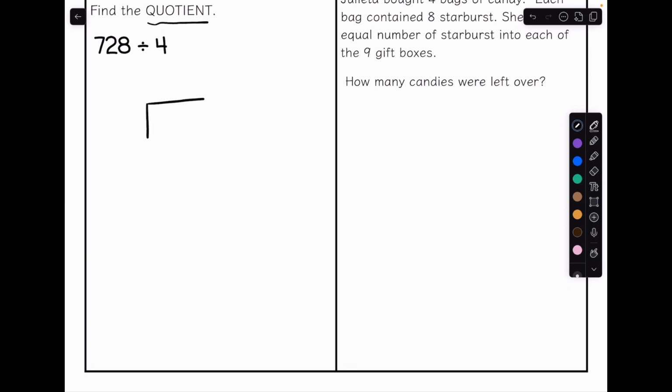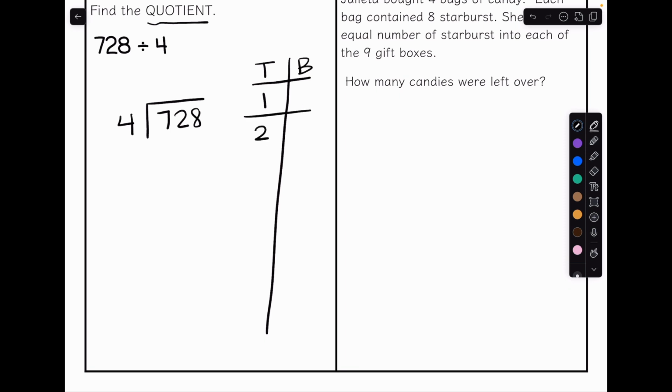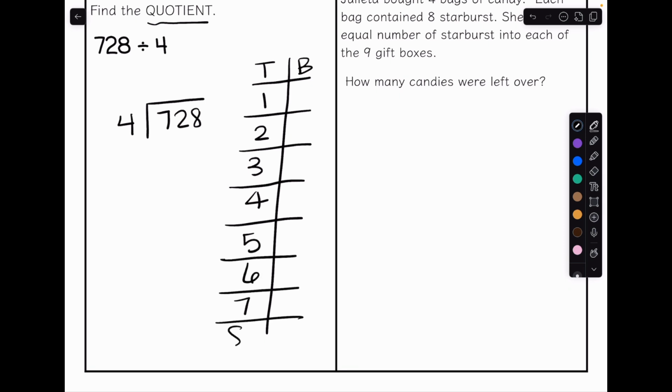So we have them set that up, and we are using top bottom to help them know what number goes at the top and what number goes at the bottom. We're noticing a little bit of a misconception, and we want to lessen those misconceptions as much as we can.